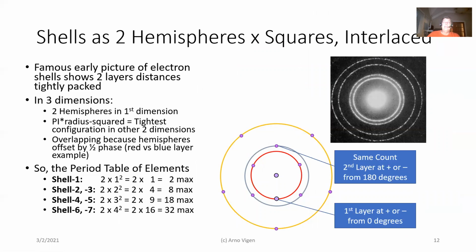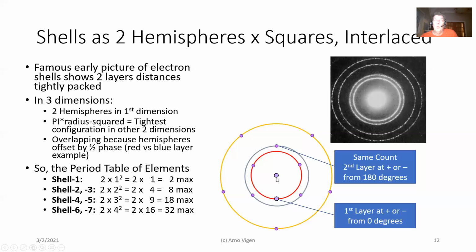And finally, that interlacing, you can see here, this is a famous early picture of electron subshells. Shell 1 is right there in the middle and very difficult to see, but shell 2 and shell 3 are close together. Shell 4 and shell 5 are close together. That is this interlacing where the first layer may be at the 0 degrees, but a second layer in the same hemisphere can fit tightly before having to go to the next layer.